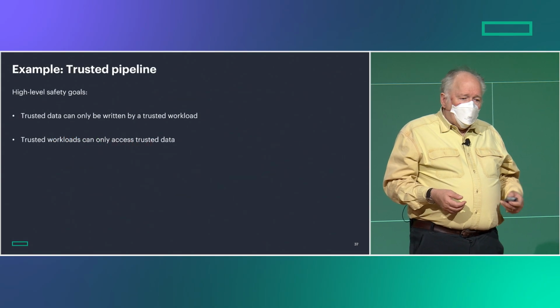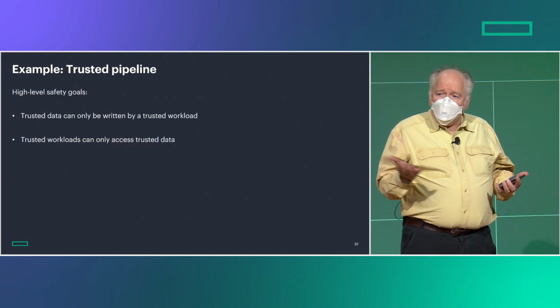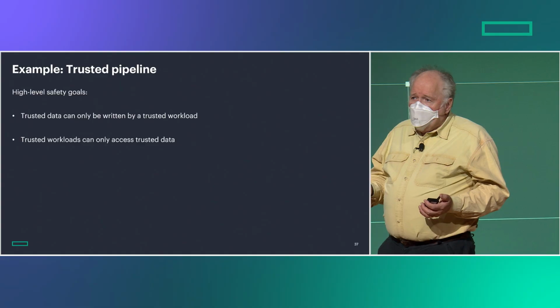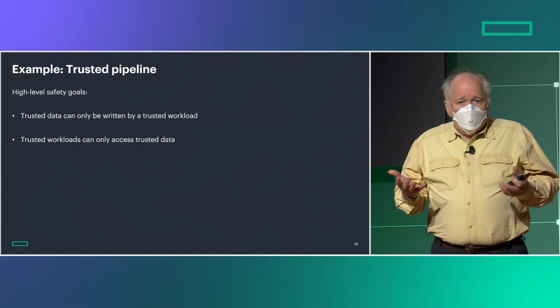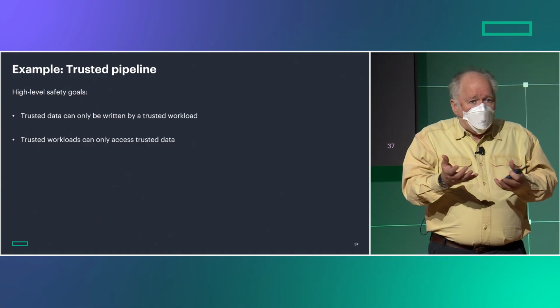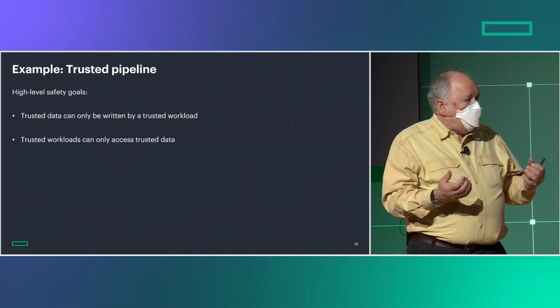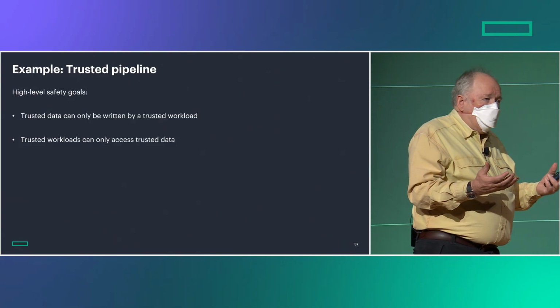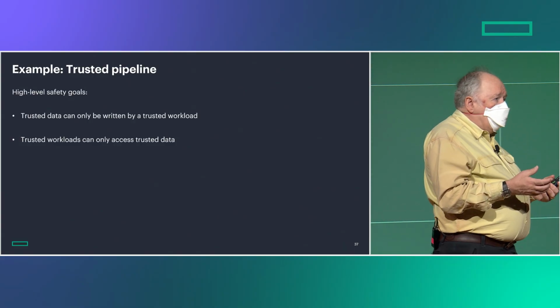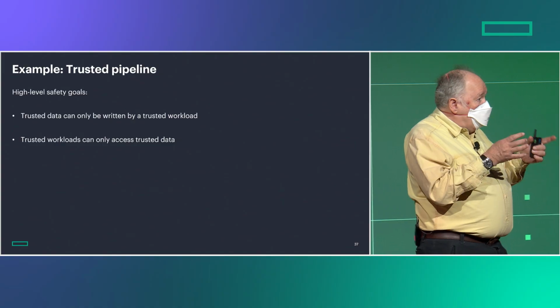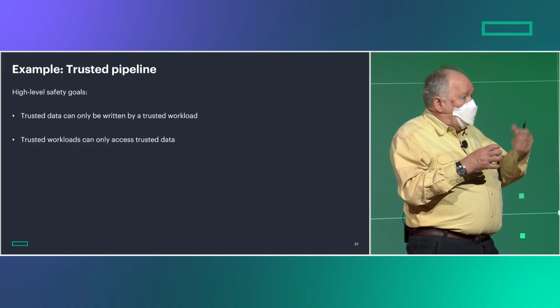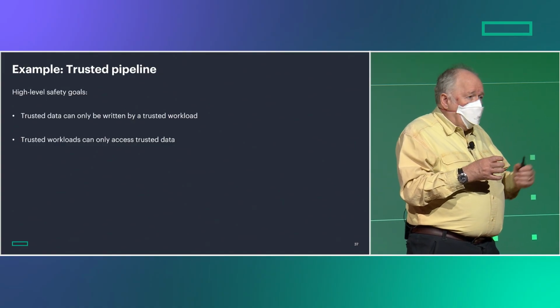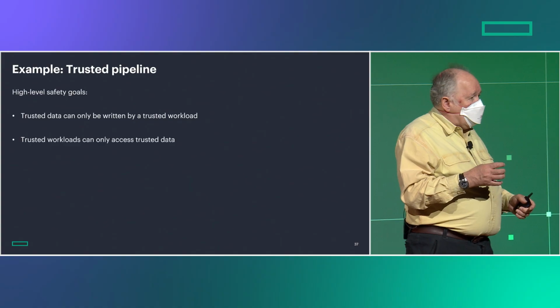So here's another one, a trusted pipeline. In this scenario, we have trusted data and we have trusted workloads. And the idea is that we want to ensure that trusted data is only ever written by a trusted workload who operated only on trusted data.